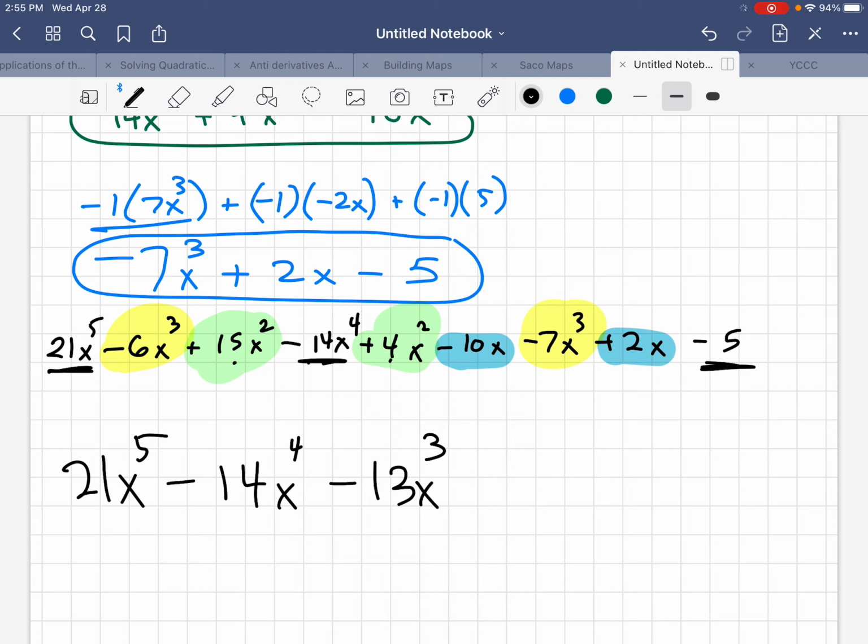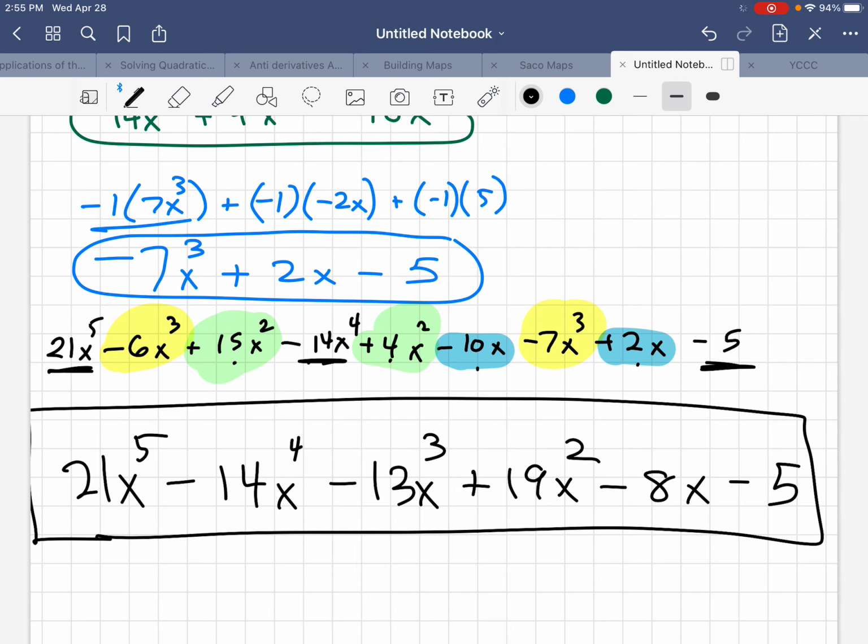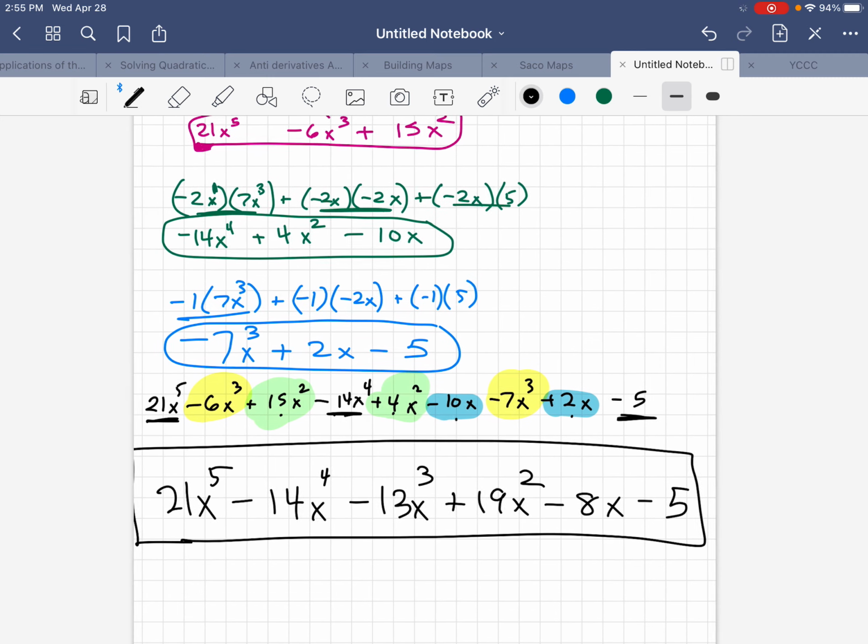I'm looking at the squareds. There's a positive 15 and a positive 4. Looking at the x terms, negative 10 and positive 2 is negative 8. And then the minus 5 is by itself. There's my answer for the original problem.